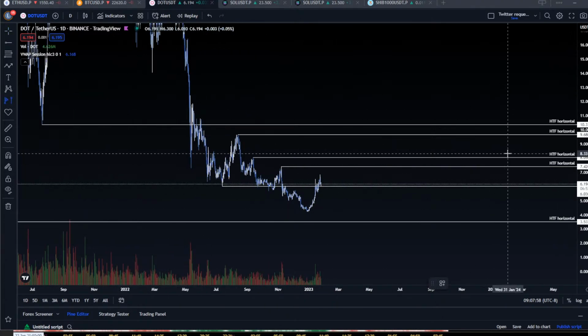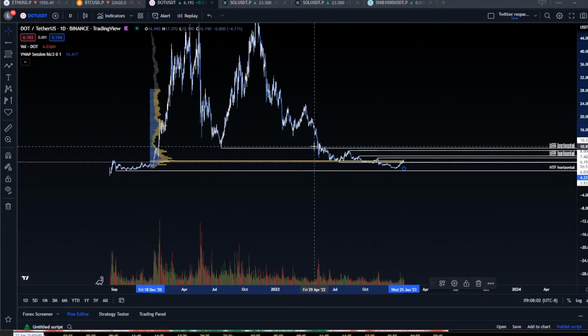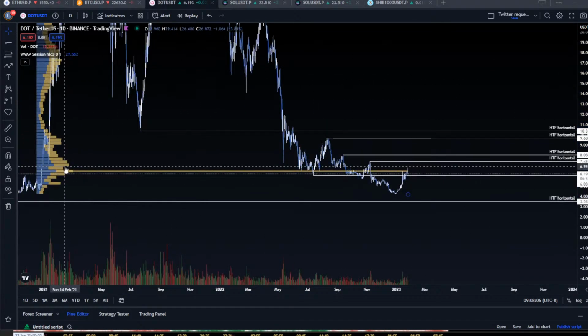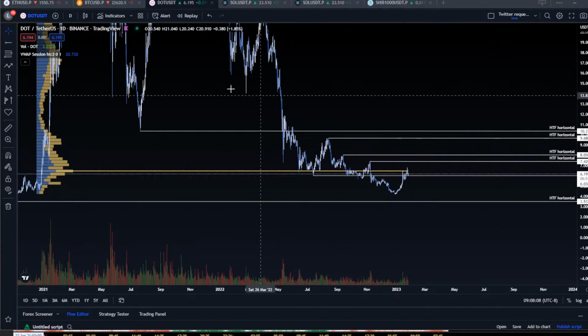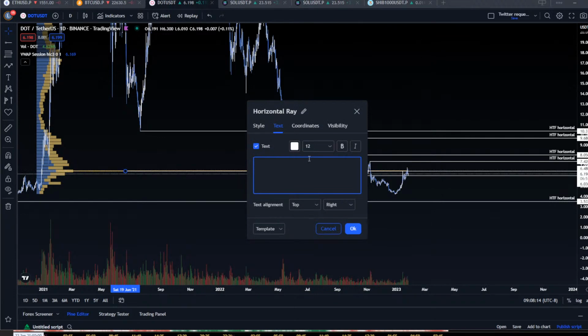Now let's just be aware of our high time frame volume profile levels. So right now on Binance, at least, we're right on the point of control. So we can name this major POC.